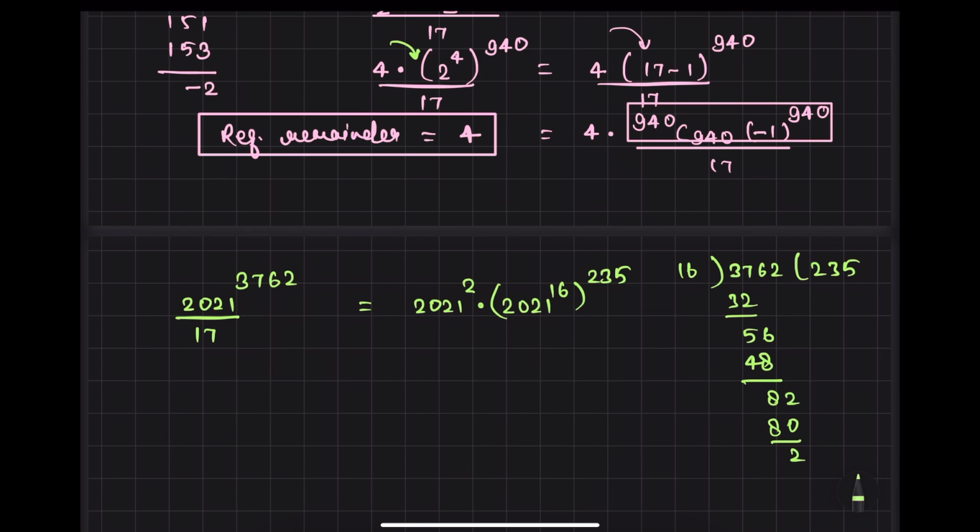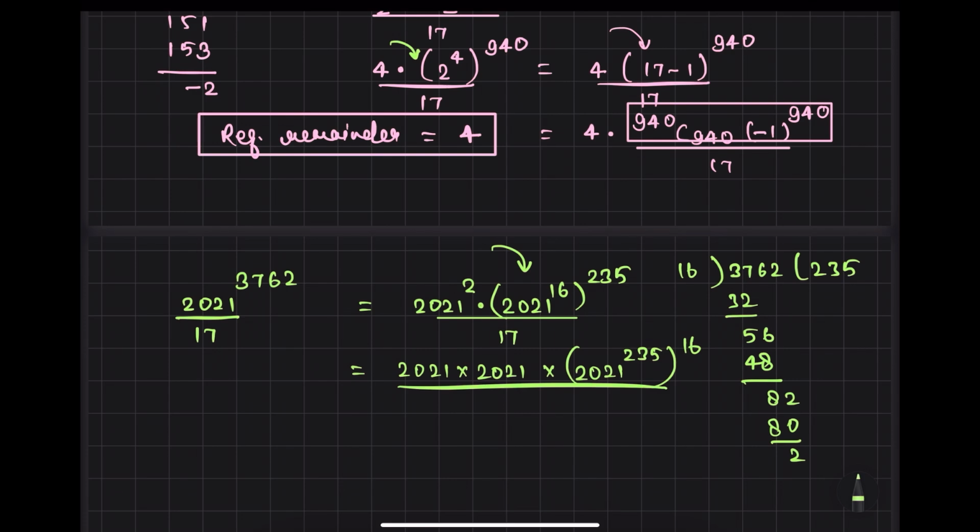Now you have to divide this number by 17. You can write this as 2021 into 2021 into 2021 power 16 power 235 by 17. This number, 2021 power 16 to the 235, will give you remainder 1 for sure.